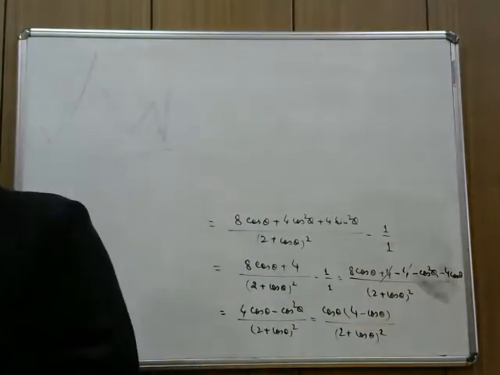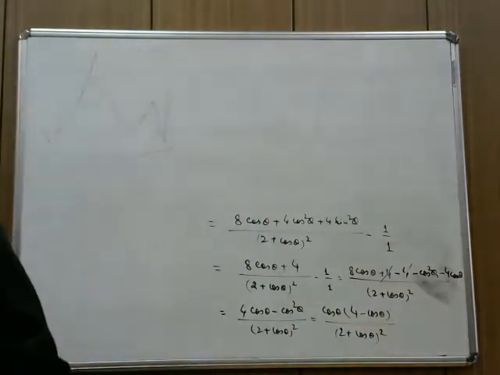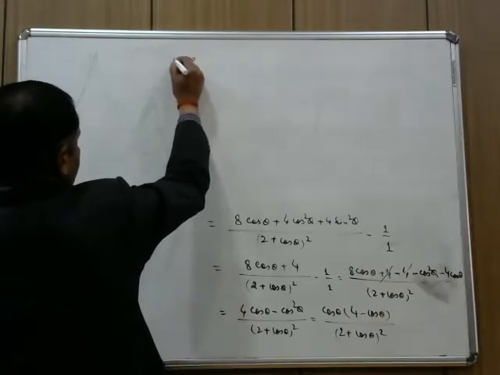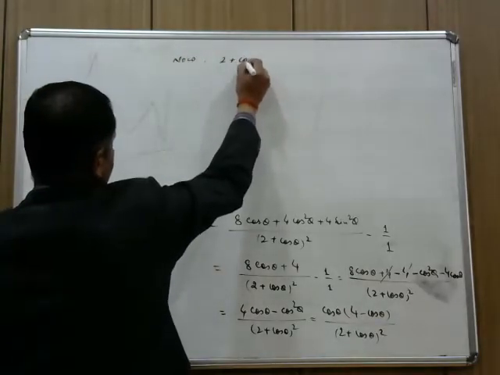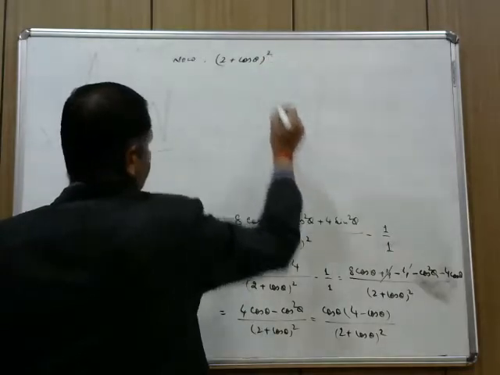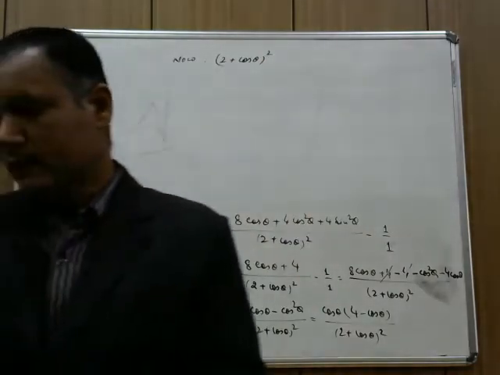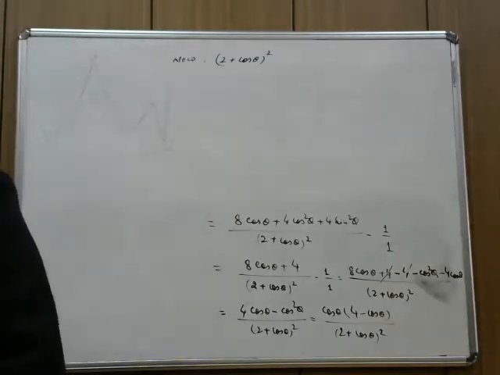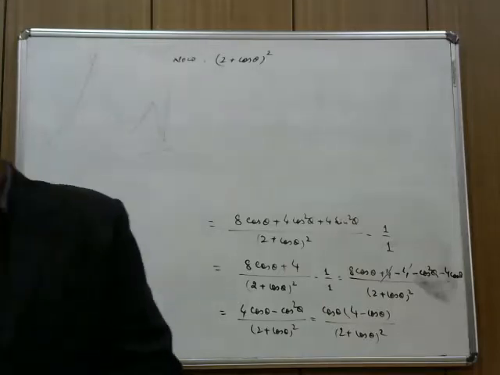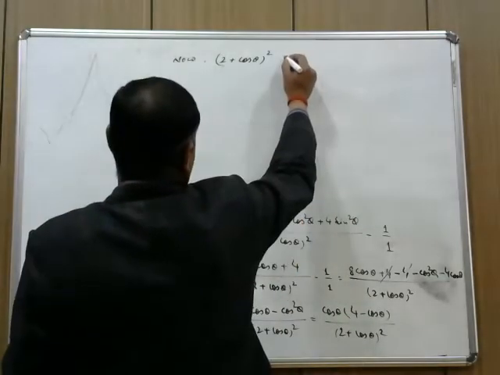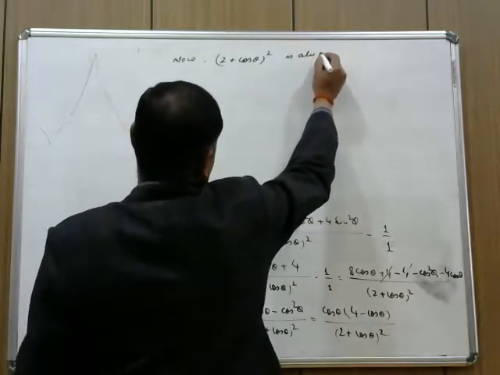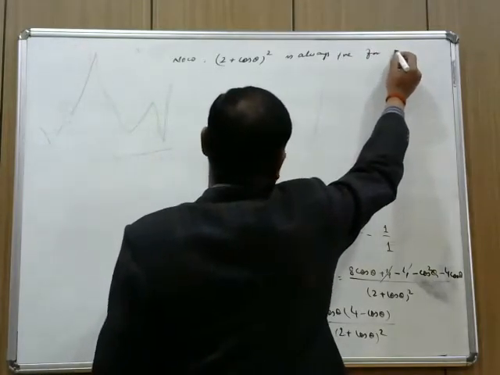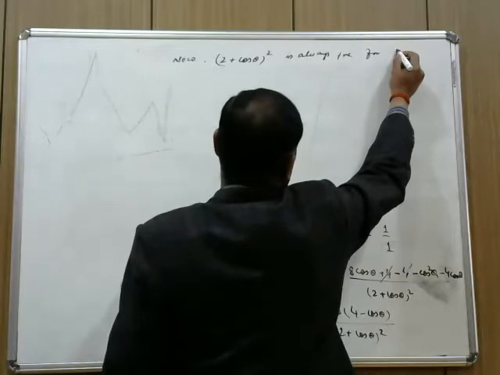As you know, 2 plus cos theta whole square, being a square, isn't it? Being a perfect square, is always positive for any value of theta.